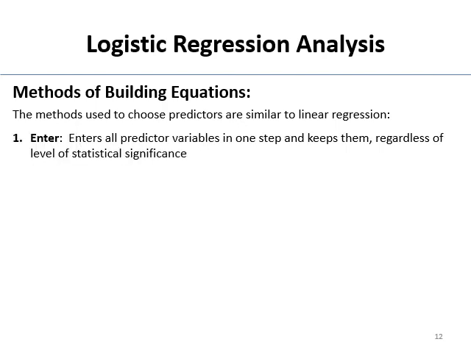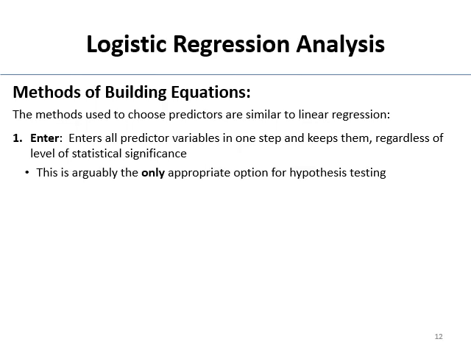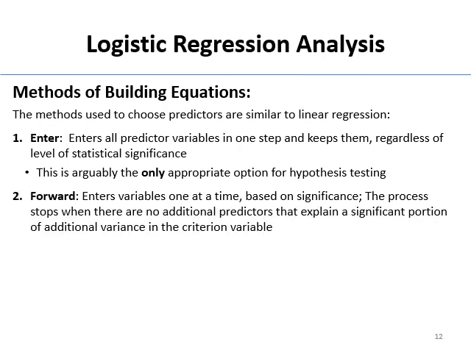It just throws all your predictors in and estimates a single model and tells you how much variance they account for, regardless of the significance of the predictors. It's actually the most common method, gotta be honest, because we're usually not interested in building the most efficient model. We're hypothesis testing, like we want to adjust for a bunch of stuff, whether it ends up being significant or not, and then we want to see if there's a relationship between the IV we care about and the DV.